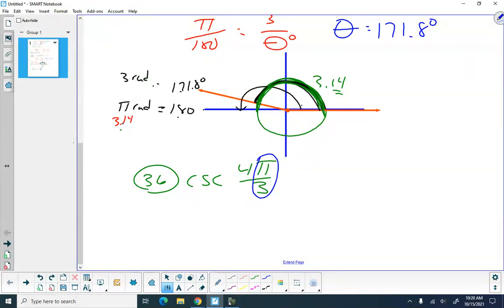Rachel? 180 divided by 3? 18 divided by 3 is 6, add the 0, 60 degrees. So now we have 60 times 4. 6 times 4 is 24, add the 0, 240.